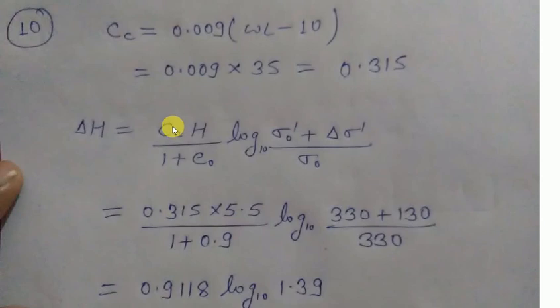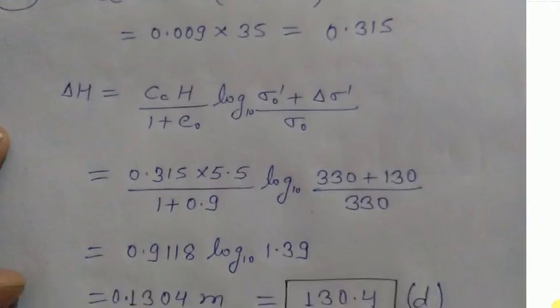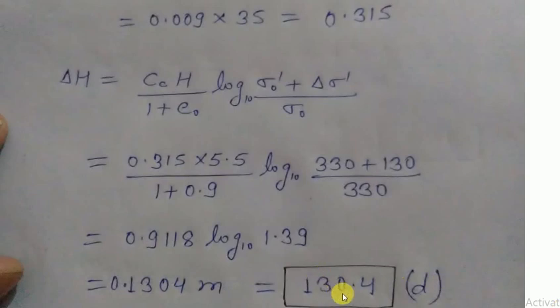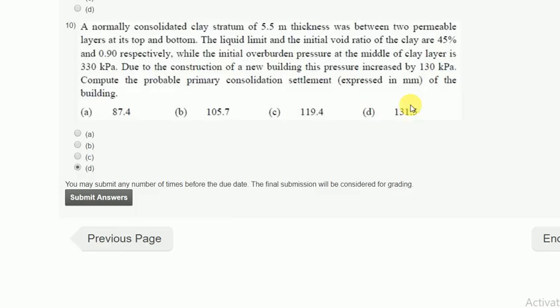Here the Cc value is calculated by this formula, and all the data are given in the question. Put all the data in this formula and we finally get the answer 130.4 millimeter. That means option D will be the correct option.